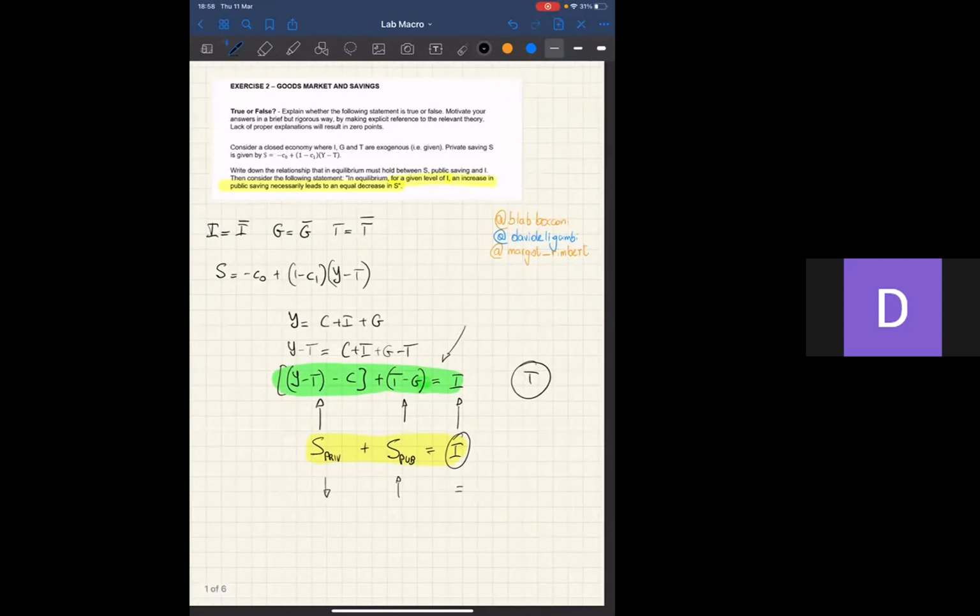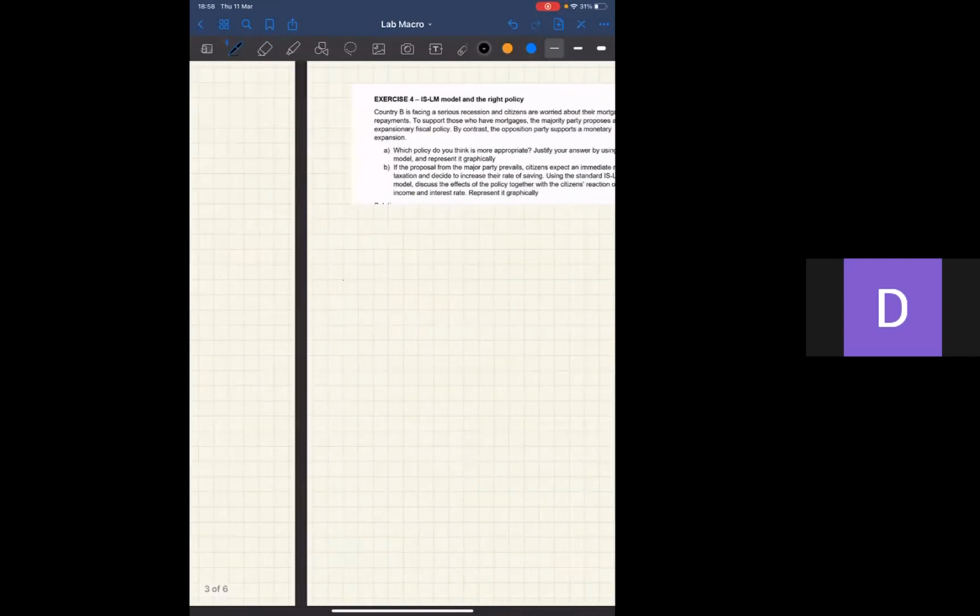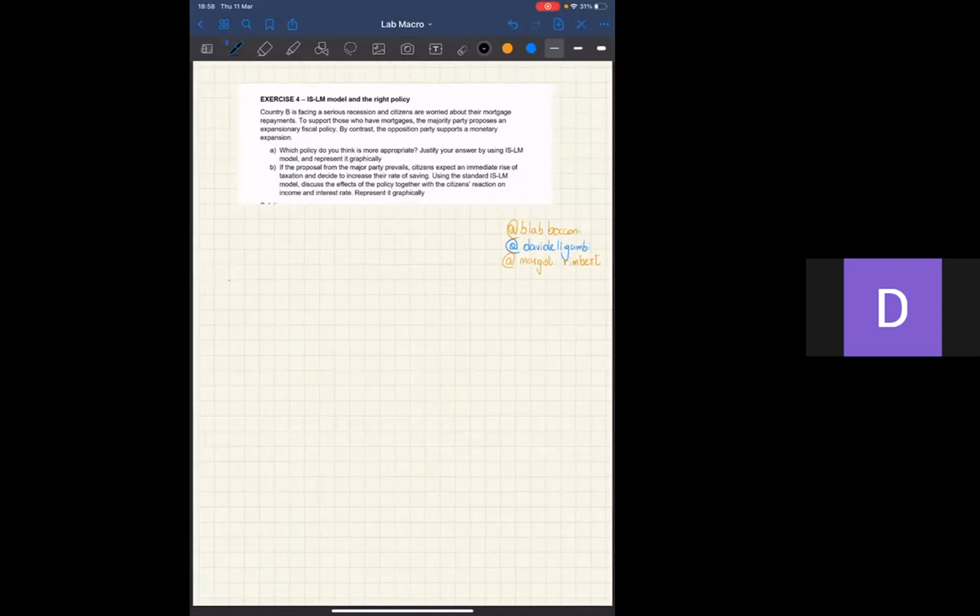Okay. And so the second one here is going to be a little bit slower because it's definitely harder as an exercise, so we'll deal with it with more attention. And this one is related to the IS-LM model. So in order to better understand the question, we are going to try to understand what exactly the IS-LM is.